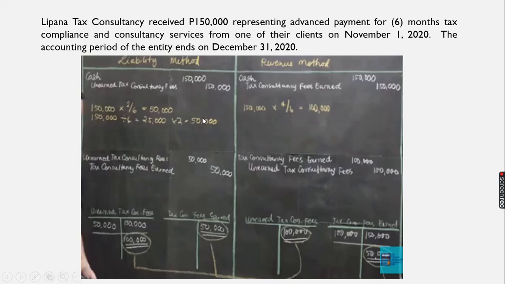So, ang liability method, ang entry mo dyan: cash, 150,000 and unearned tax consultancy fee or unearned revenue, 150,000.